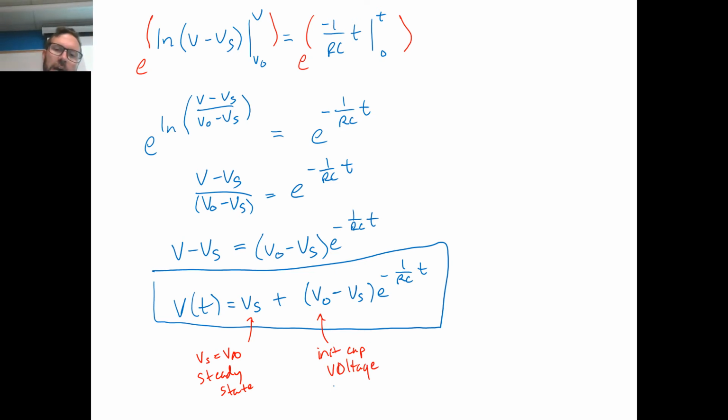And tau is equal to RC, the time constant. So this V naught minus Vs term right here is the difference between the initial cap voltage and where the steady state value is going to.